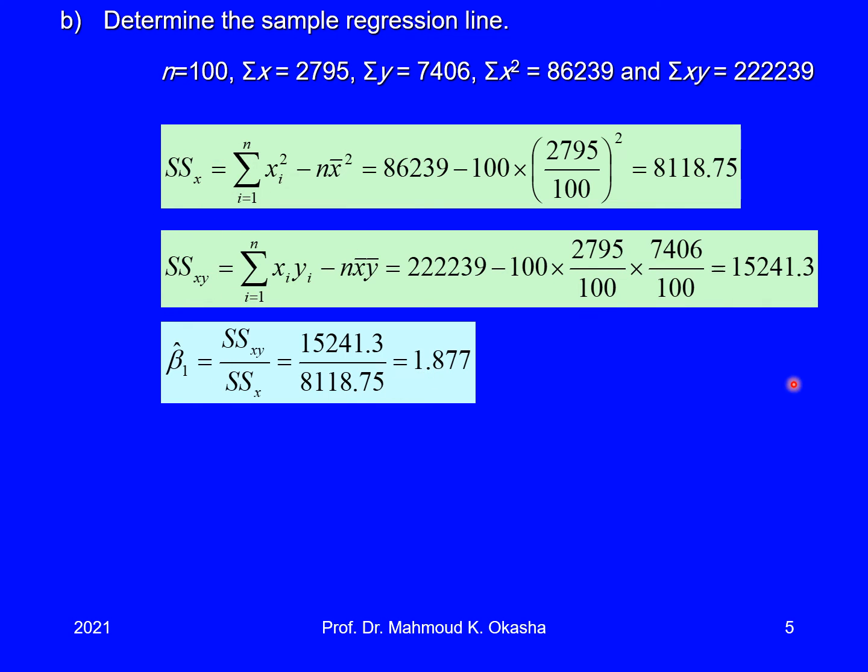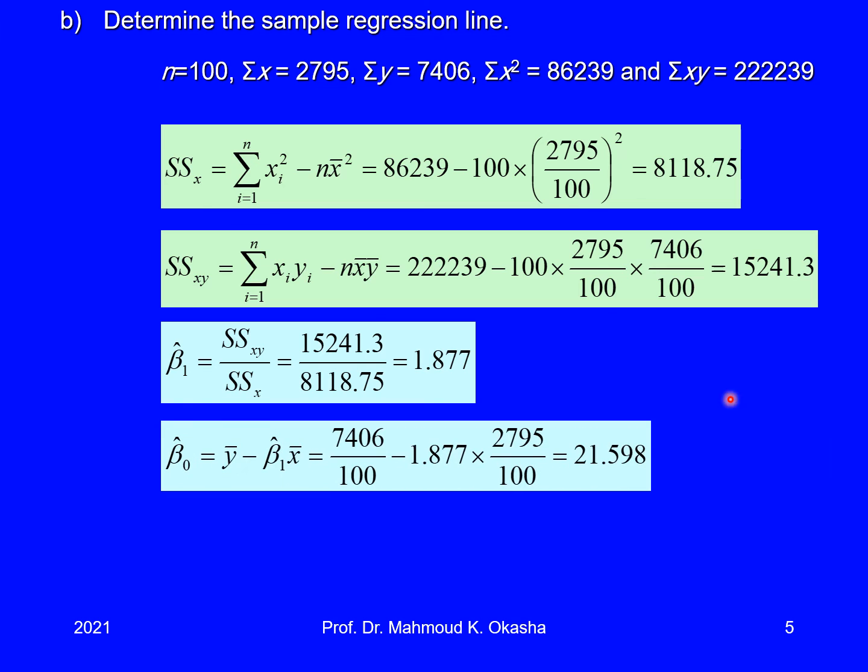Then we can calculate beta naught hat and beta 1 hat. First, we calculate beta 1 hat, which is equal to this value over this value, and we get 1.877. Then beta naught hat equals y bar minus beta 1 hat x bar, and we find beta naught hat equals 121.598.